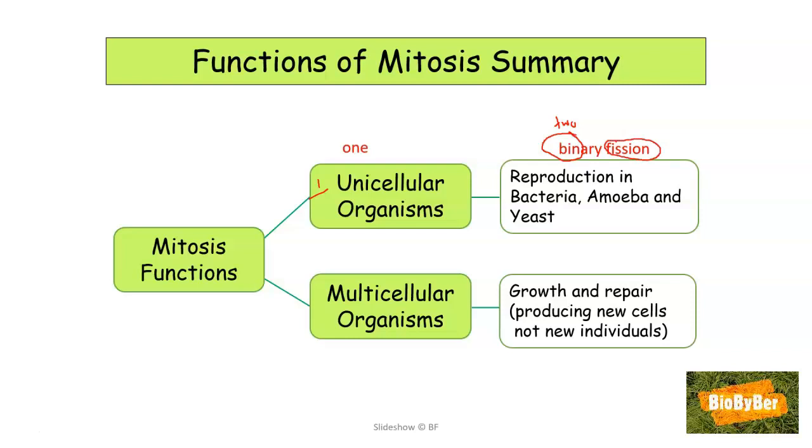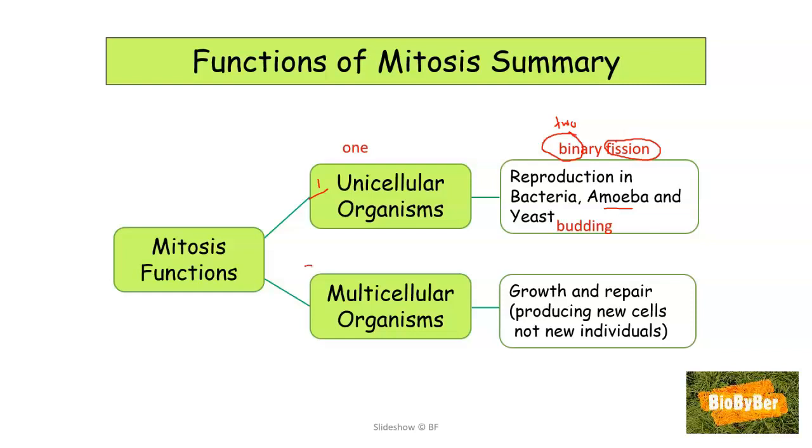It is the method by which amoeba, one-celled organisms, reproduce, and it is also how unicellular yeast will reproduce by the process of budding, where the two new cells don't totally separate from each other, they stay buddies and are attached to each other.